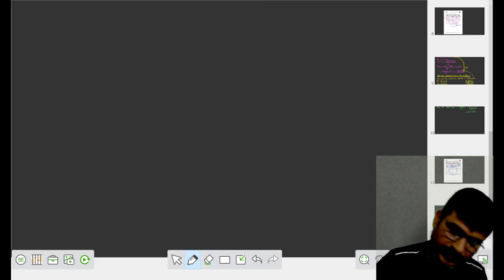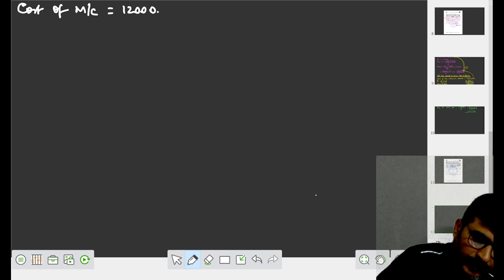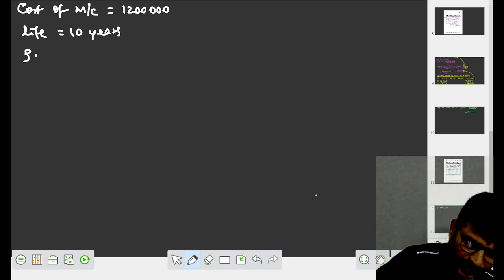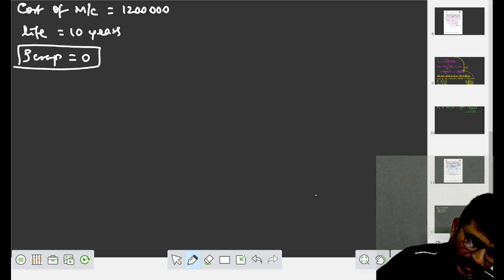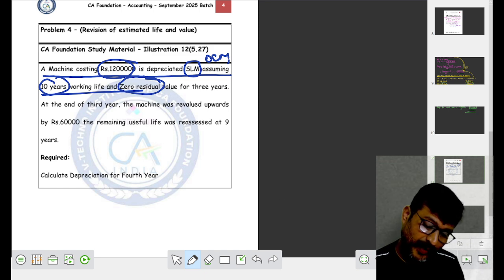Let me write. Cost of machinery 12 lakh. Life is 10 years. Scrap is 0.